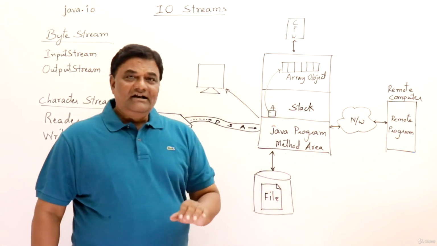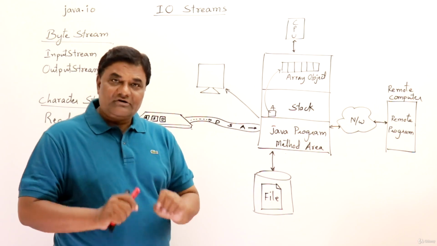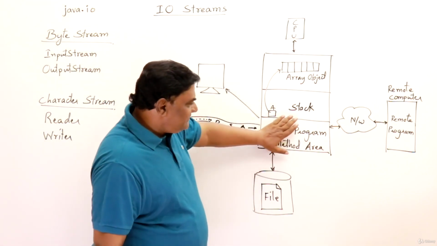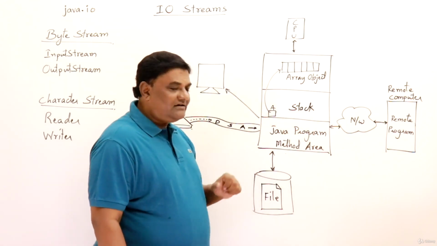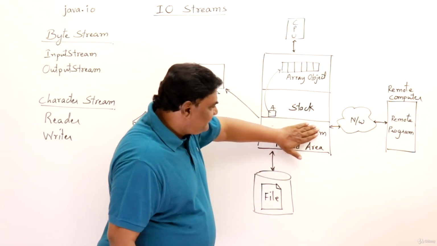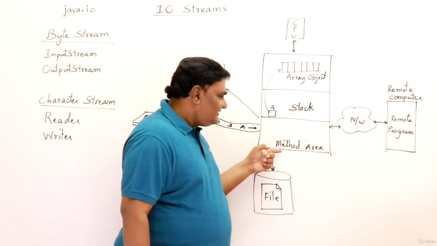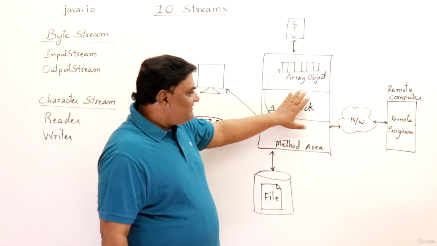Now we know very well that the main memory is divided into 3 sections and used by programs. So a Java program will divide it like this. Here the Java program will be residing. We call it the method area, right? So I'll remove this Java program. This is sufficient. Now you can clearly see this is the method area where the Java program resides. And this is the stack.